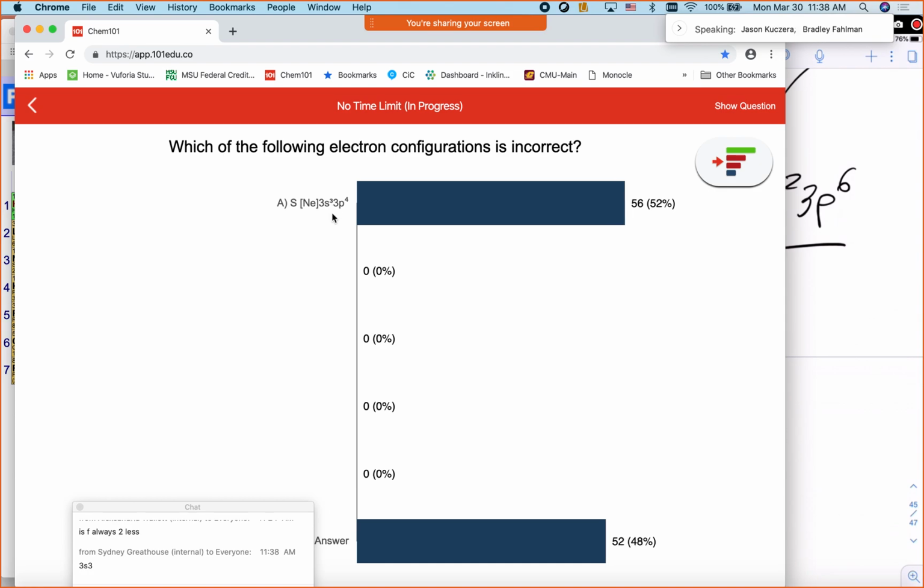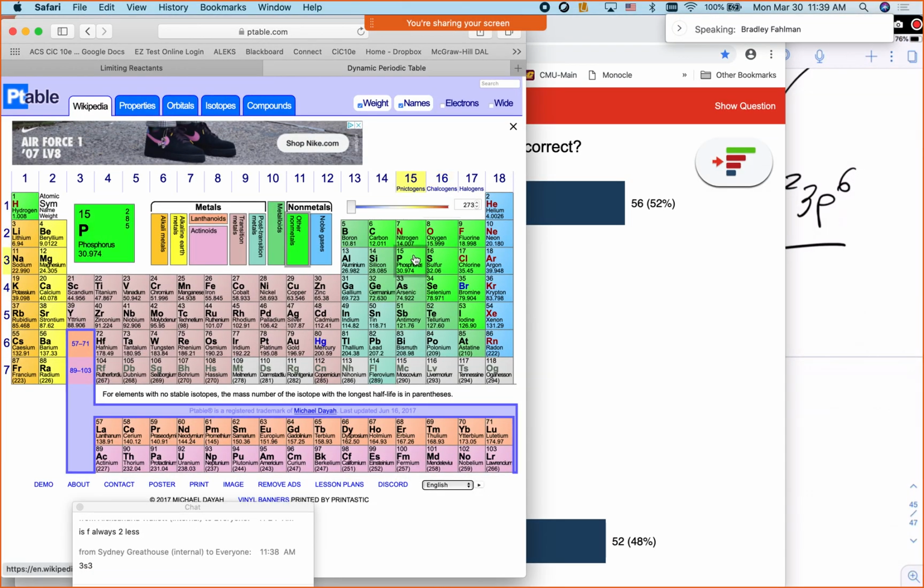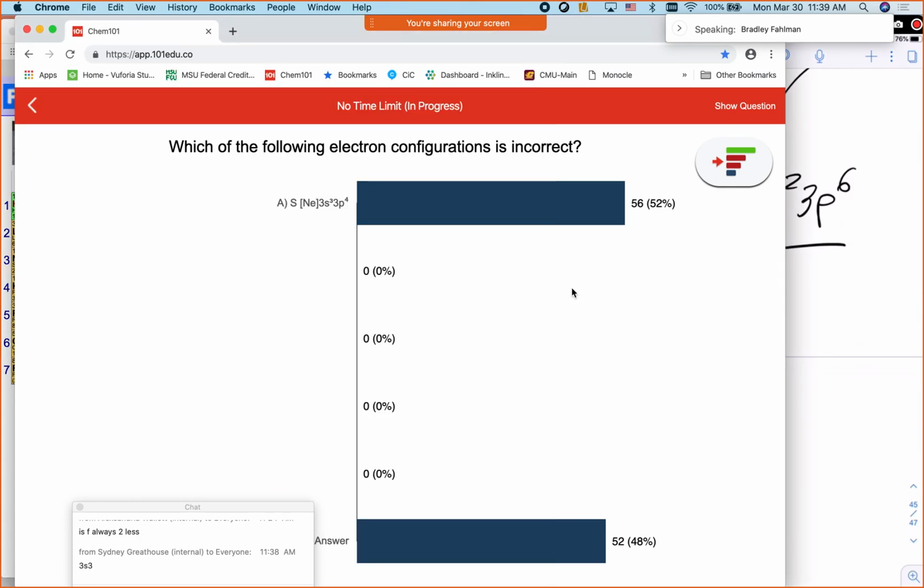Sulfur and neon are on the same level. So the configuration for sulfur should be neon, 3s2, and then 3p4, right?